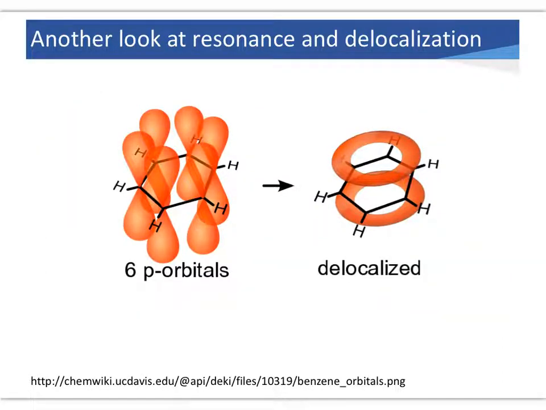This is another look at it. Each of the carbon atoms in benzene has an unhybridized p orbital. What does that mean? We'll learn more about it next week, and we will study benzene in more detail, I promise. There are pi electrons that spend time in all of these orbitals approximately equally instead of being localized in one spot.